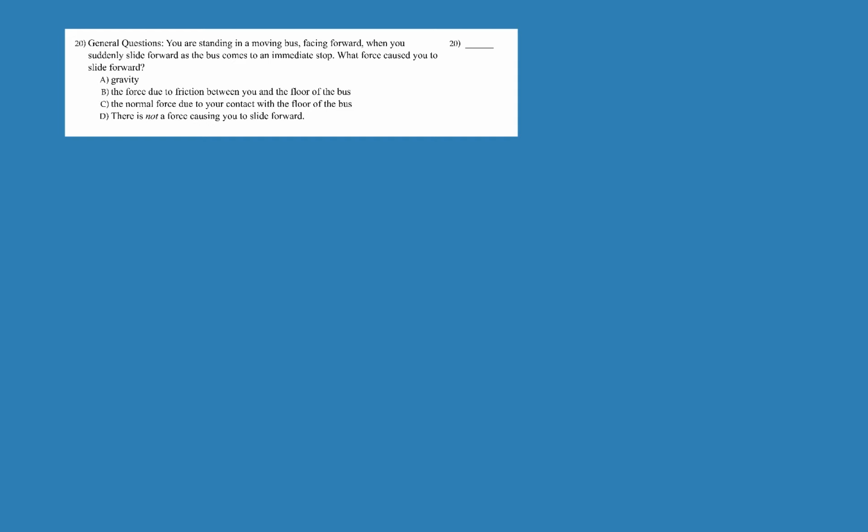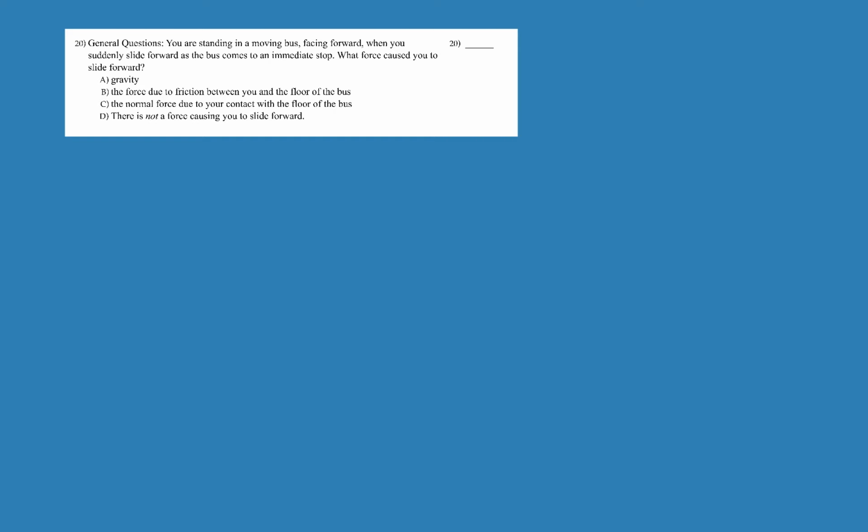It says you are standing in a moving bus facing forward when you suddenly slide forward as the bus comes to a medium stop. What force caused you to slide forward? Gravity? No, the gravity is downward. You cannot accelerate forward.